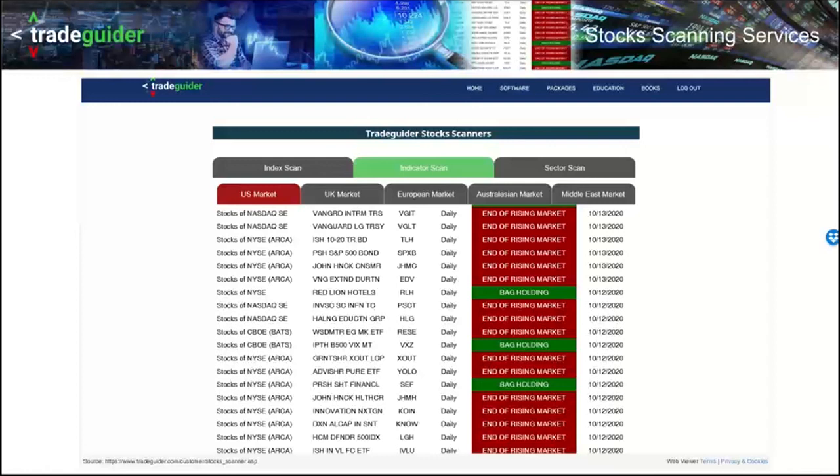So you can go through the scans during the weekend. They will be updated most of the time, and some results might change over the weekend. So that is how the indicator scan works.